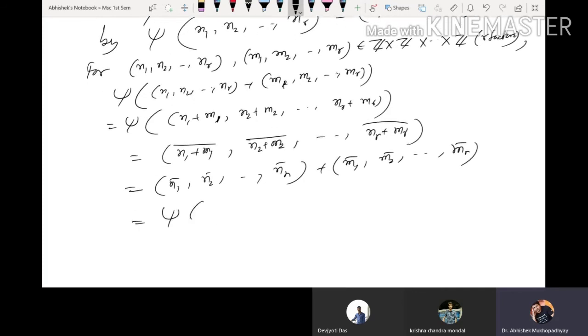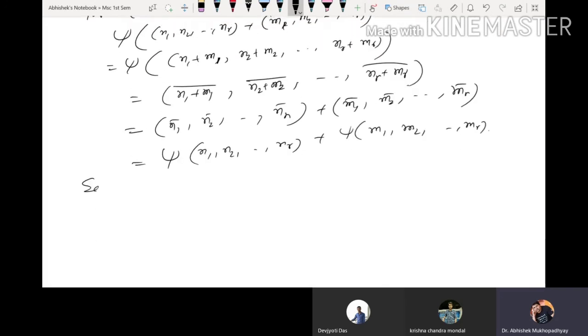That is psi of (n1, ..., nr) plus psi of (m1, ..., mr). So this proves that psi is a homomorphism, and by definition psi is onto.